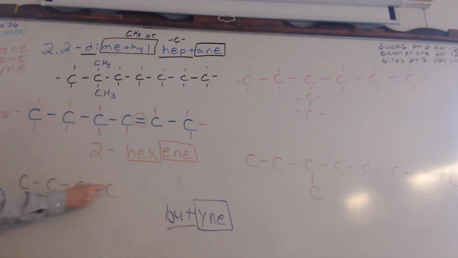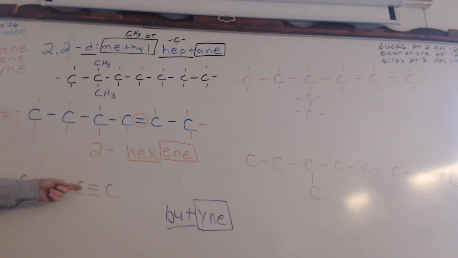Okay? 1, 2, 3, 4, or 1, 2, 3, 4. How do we know if we're going from left to right or right to left? Whichever one gives you a smaller combination or smaller in number. If we go left to right, this triple bond is after which carbon?